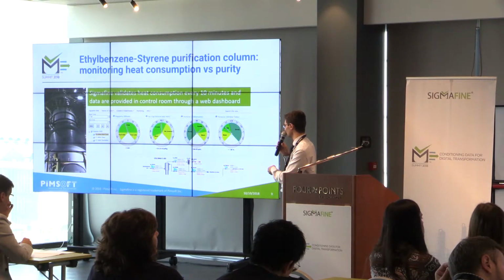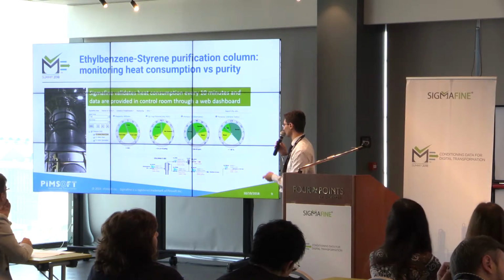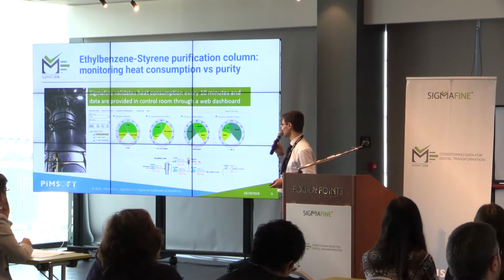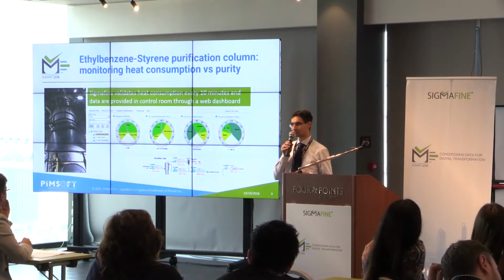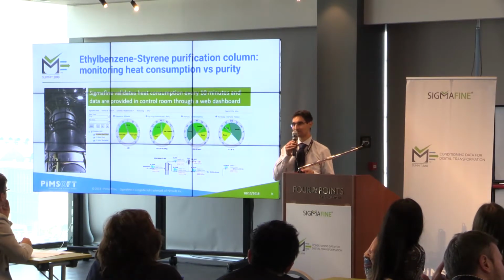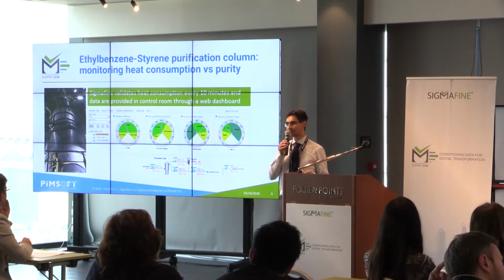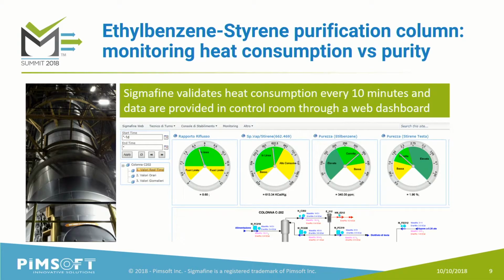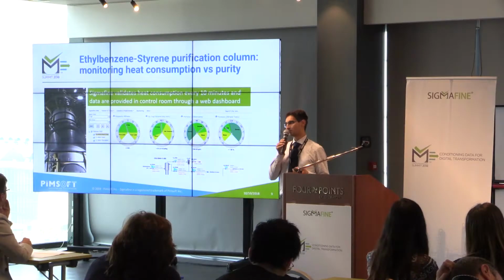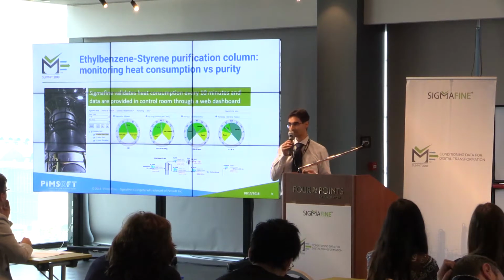We see a bit below here a part of a Sigmafine model that has been implemented. Again, the aim was to come closer to the operations so that the operator, in near real time, with a run around every 10 minutes, had an update of the real steam consumption against the purity of the products. And so work closer to the limits, lowering the steam consumption of the reboiler.